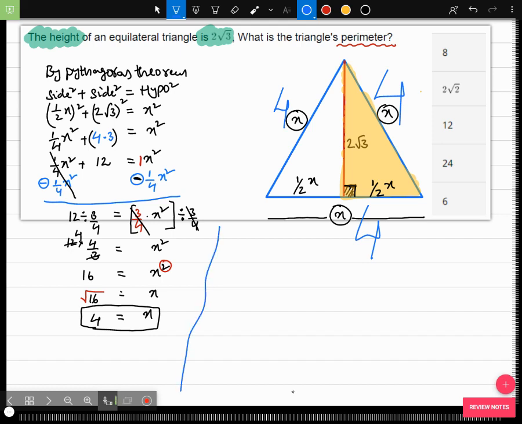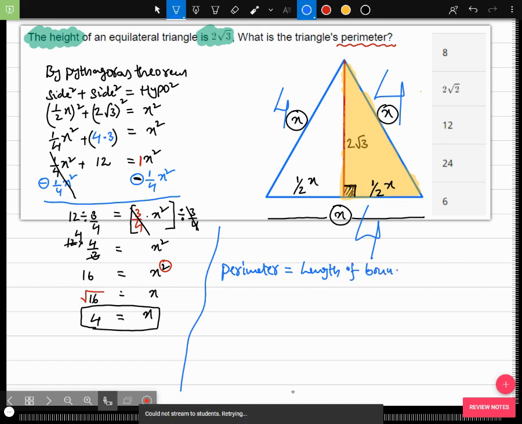Now, what is perimeter? Perimeter means the length of the boundary. How do you get the length of the boundary? That is by taking the sum of all sides.